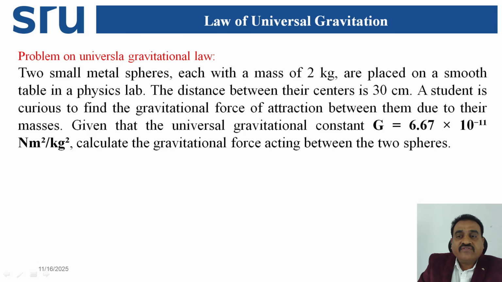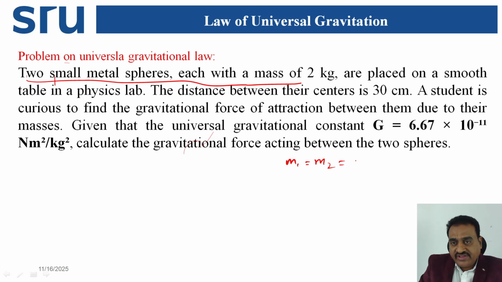Problem on the universal gravitational law. Two small metal spheres, each with M1 is equal to M2 is equal to 2 kg, are placed on a smooth table in a physics lab.